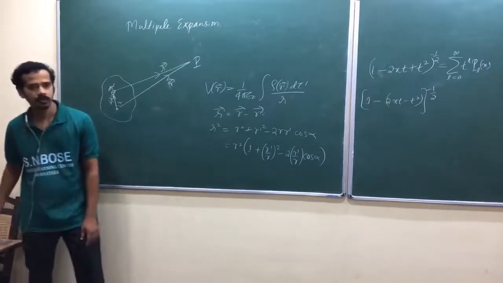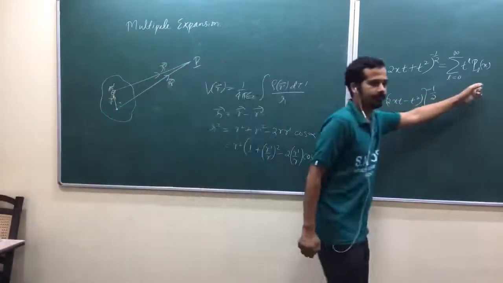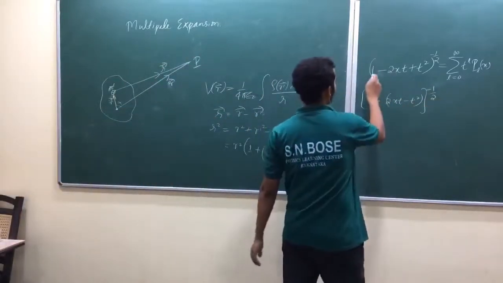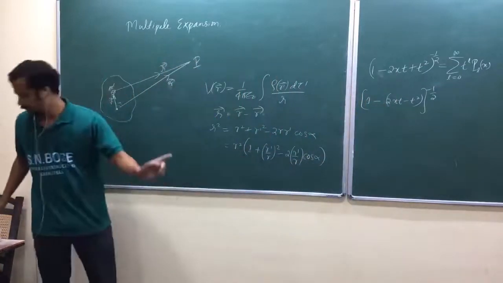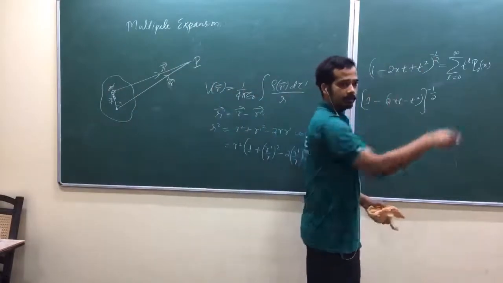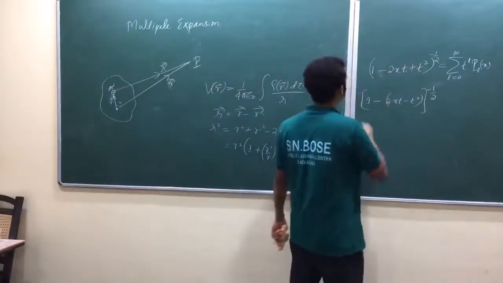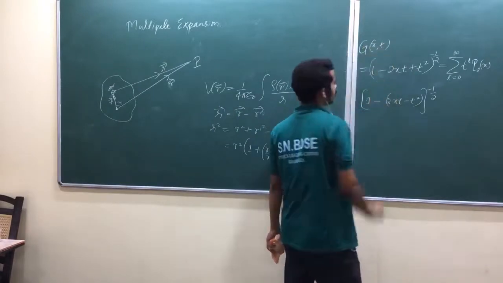Then I think you will end up with this. That's why we call this the generating function, g of x comma t. We shall work out some mathematical problems on this. Very frequent questions are asked on this part, Legendre polynomials and the generating function.